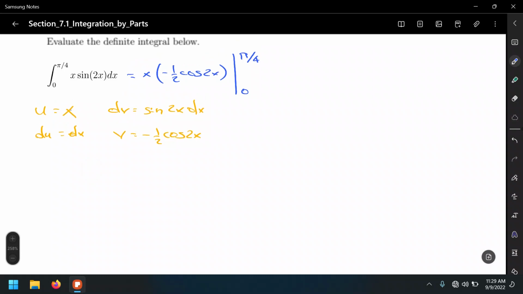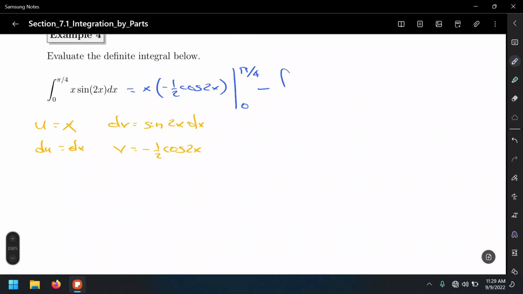All right, that's my only piece of advice here. So that's minus the integral within the limit 0 to pi over 4 of the quantity v du, that's a negative 1/2 cosine 2x dx. Before attempting to compute this integral, let's clean up all these signs and write it nicer.